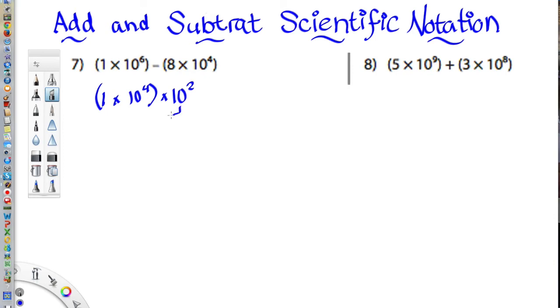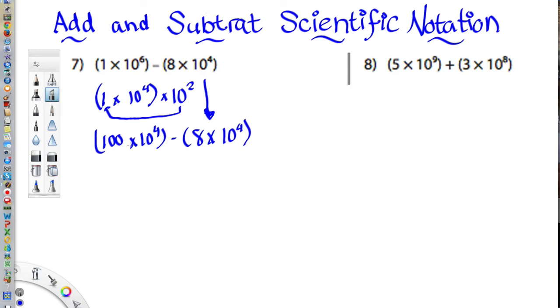And I'm going to multiply this 10 to the 2nd power, which is really 100, 10 times 10, times the 1, and that will give me 100 times 10 to the 4th power. And then I'm going to subtract this guy over here, bring down this part of the expression, which is 8 times 10 to the 4th power. Okay, now I can subtract these since they have the same power 10 number, 10 to the 4th power.